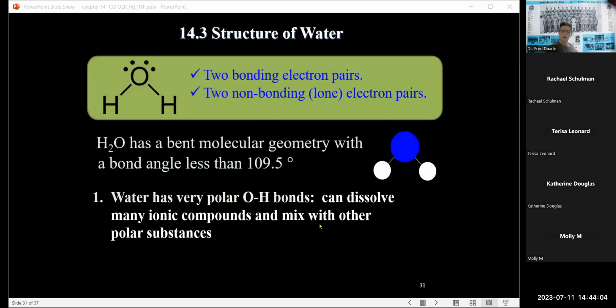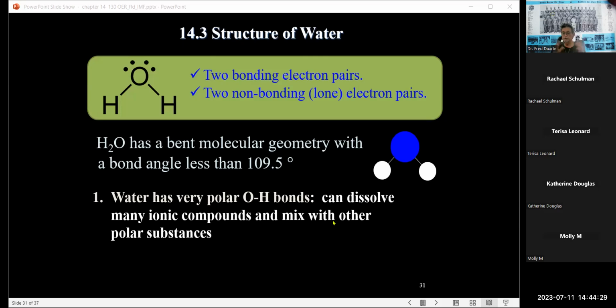Not much to say about water here. Just want to throw that in. But water, we talked about this before when we were doing the Lewis dot structures. That is the structure for water. It has two bonding pairs and two non-bonding pairs, or what we call lone pairs. Very, very polar. It has a bent molecular geometry.